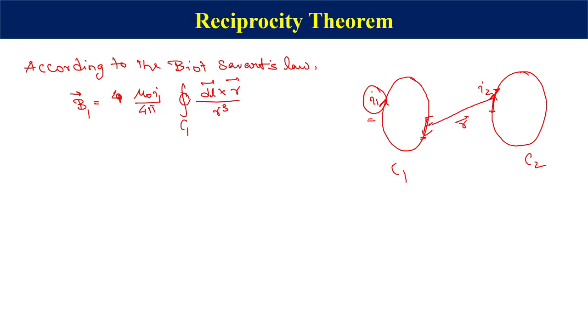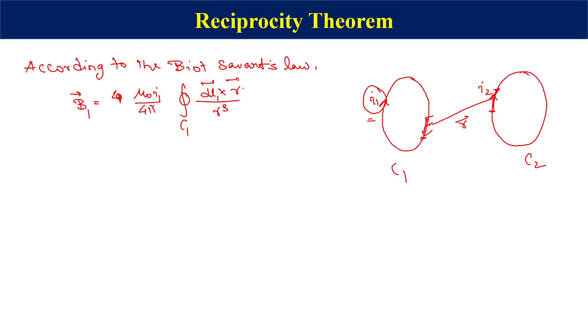You may also write a suffix 1 here, because dl1 is the small elementary length that you are considering in coil C1. And R is the vector length to the point where you are trying to find the magnetic field because of the current flowing through coil C1.